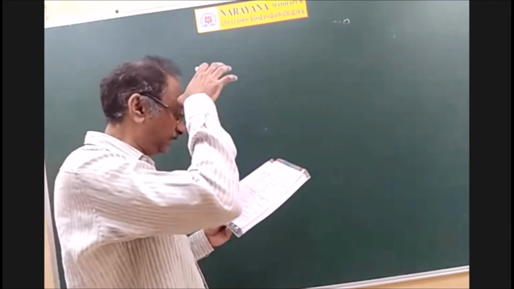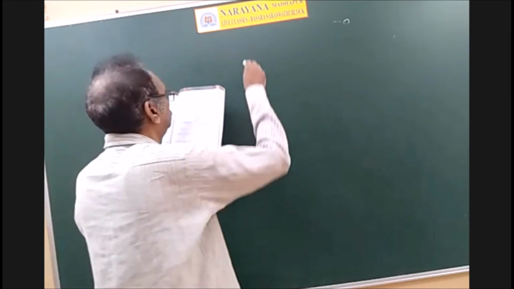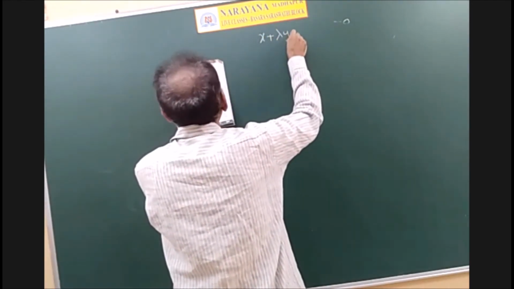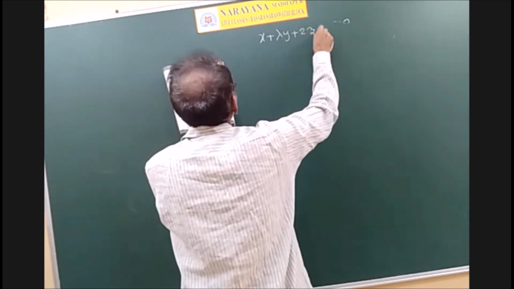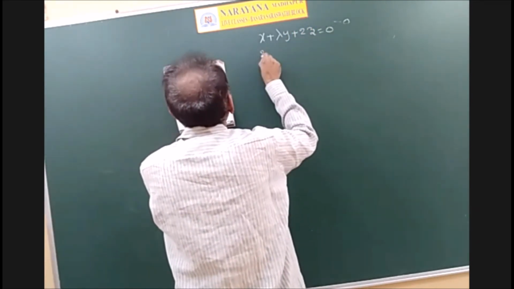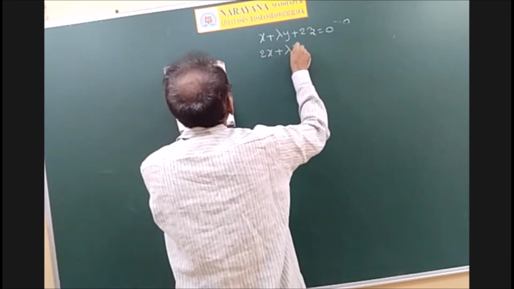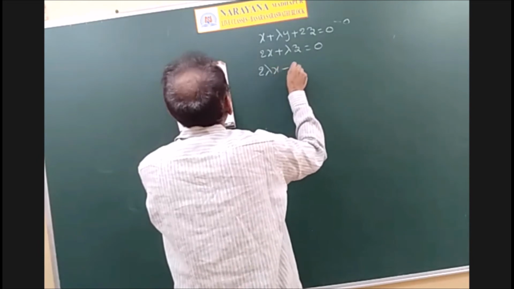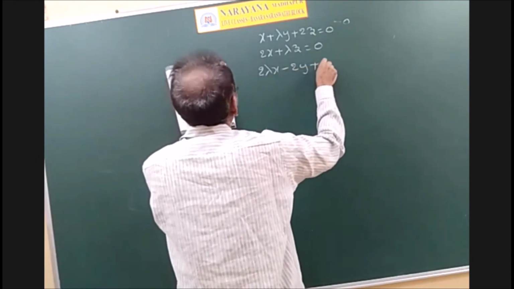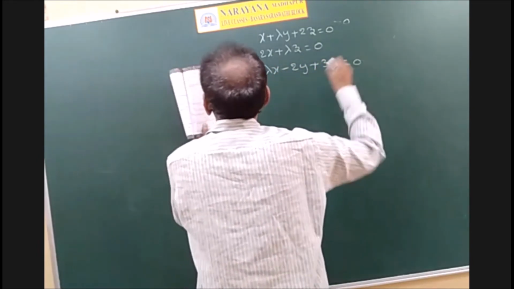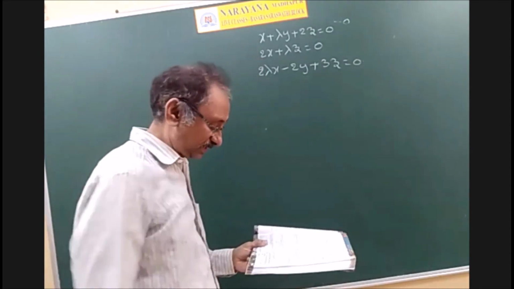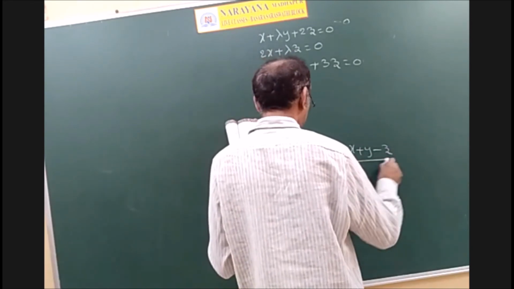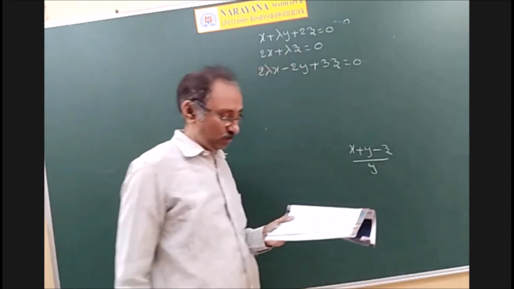Let x, y, z be a non-zero solution of the equations x plus lambda y plus 2z is equal to 0, 2x plus lambda z is equal to 0, 2 lambda x minus 2y plus 3z is equal to 0. Then what is the value of (x plus y minus z) by y? What is the question?